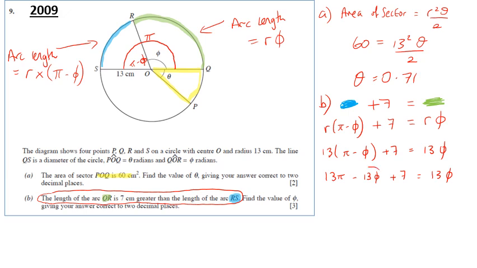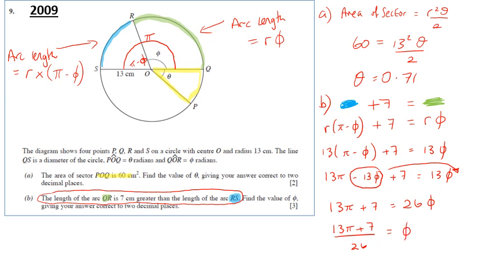I could now move these phi's over to the right hand side. So I get 13 pi plus 7 equals 26 phi. And then finally, if I divide by 26, then I can get phi on its own.